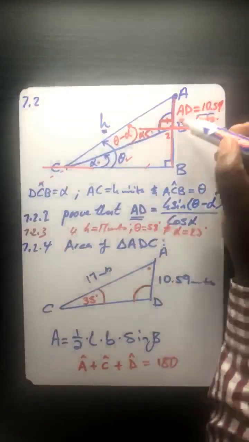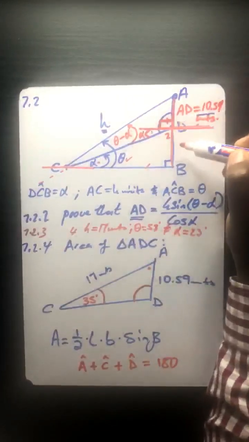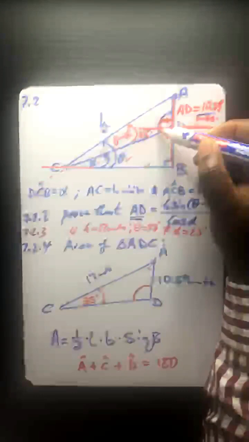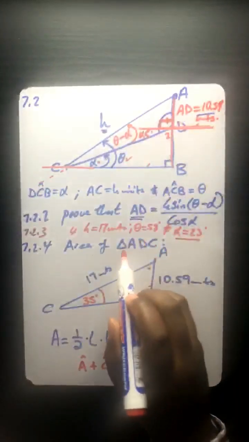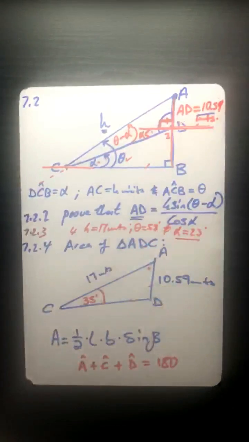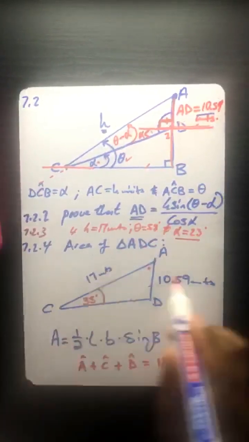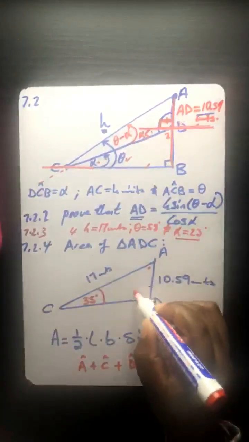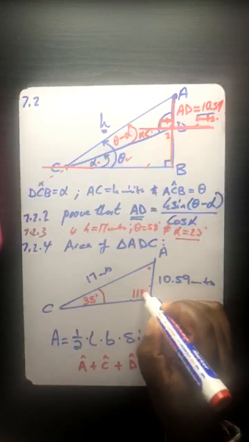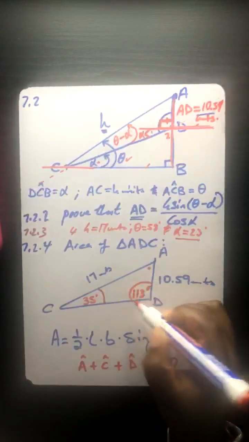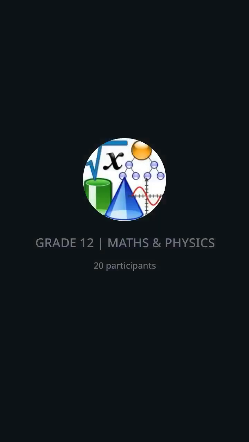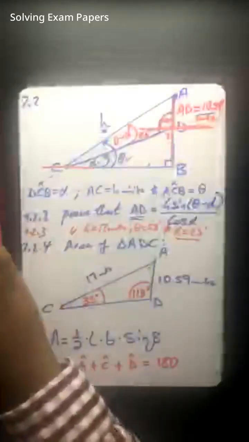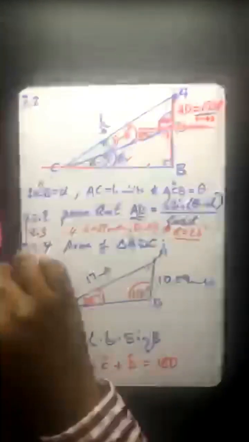But can we? I think we can, because we know this is 90 plus alpha. What is alpha? It is 23. So that means this is, let's see, 103 or 113? Yeah, because this is 23, you add it to 90. So 90 plus 113.